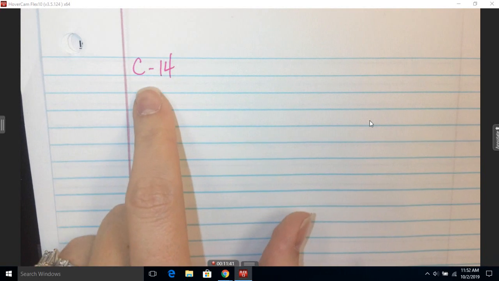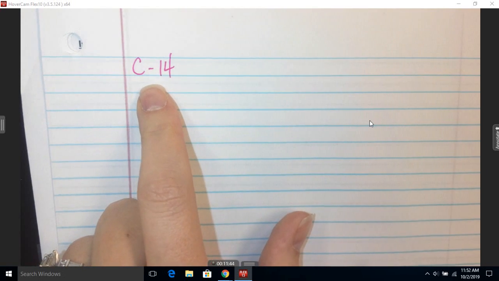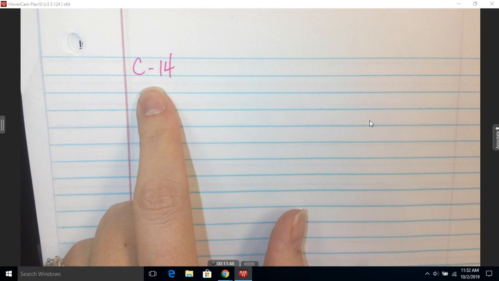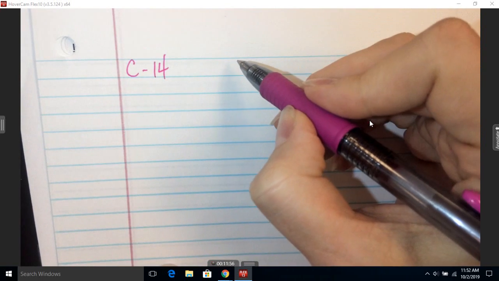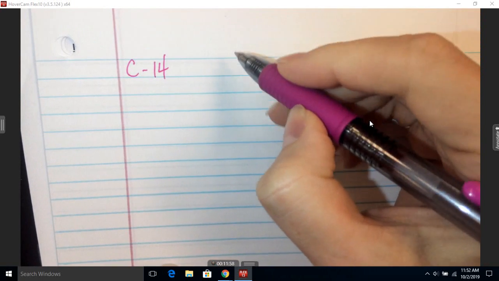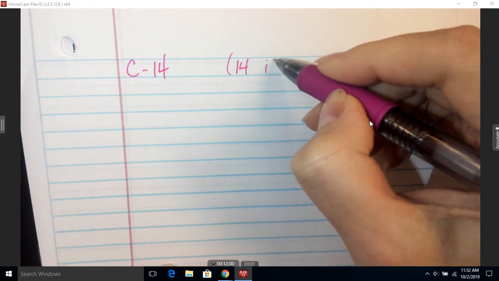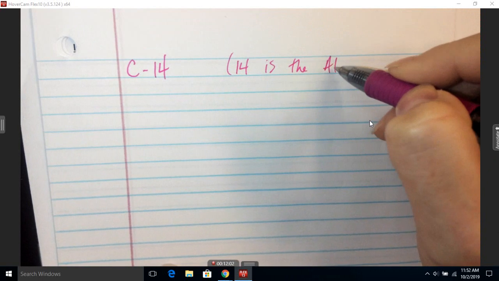Okay, how would we say it? Carbon 14. Okay, she said it means carbon has a... so the 14 is the atomic mass.